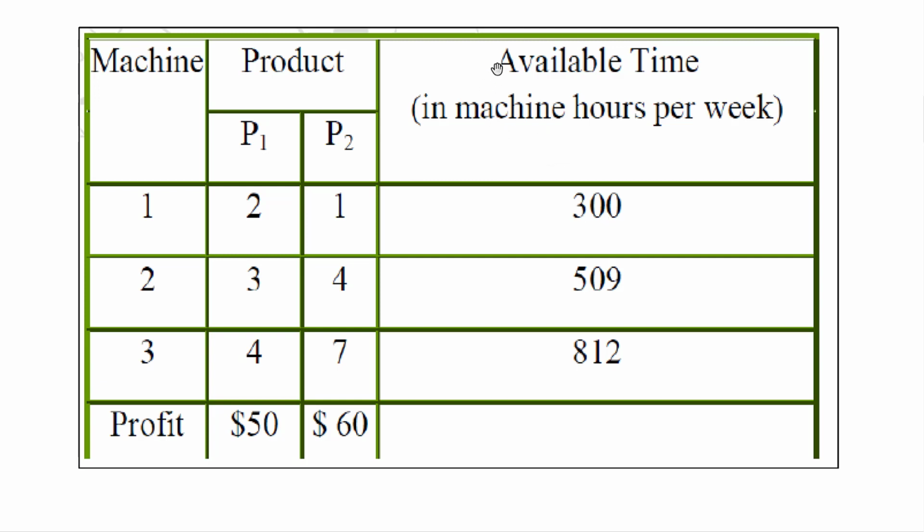Because that is the available time for us. This is limited time, so we don't have much time to produce what we want. We have only 300 hours per week to manufacture B1 and B2.